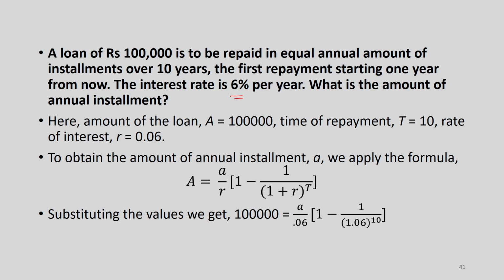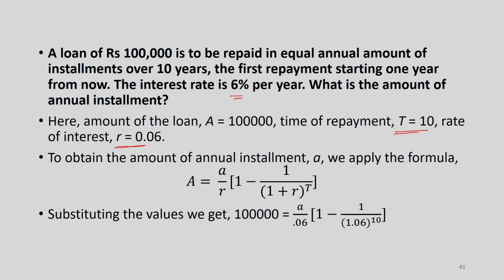Here the amount of loan is given by capital A. Capital A is 1 lakh. The time of repayment, the period over which the payment has to be done, is given by capital T. Capital T is 10. The rate of interest is 0.06, that is 6%, given by small r.